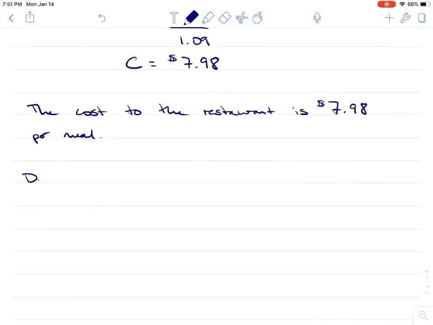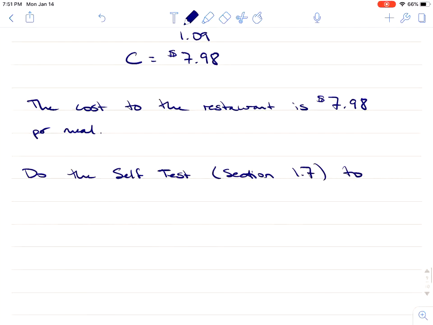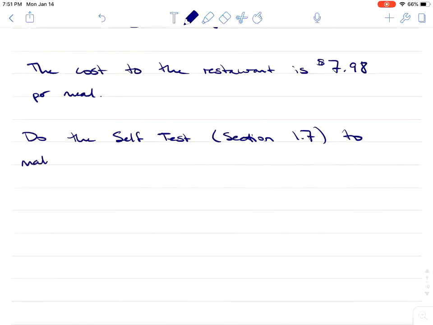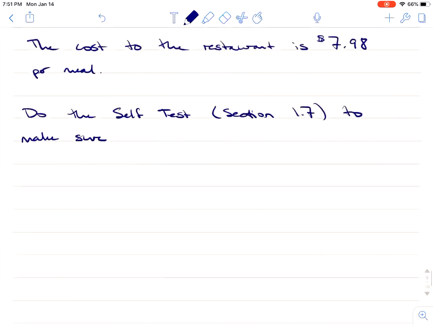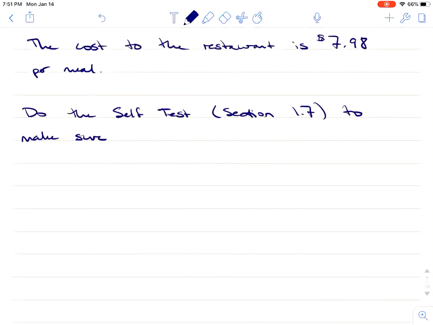So do the self-test, which is section 1.7, to make sure everything we've learned in chapter 1 makes sense.